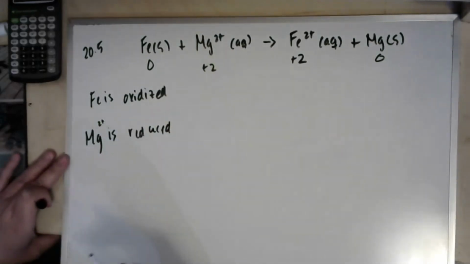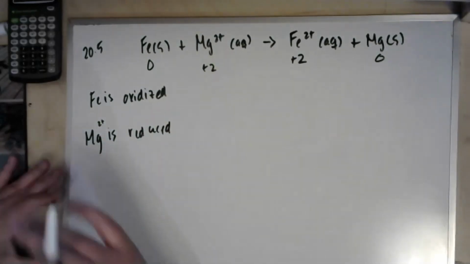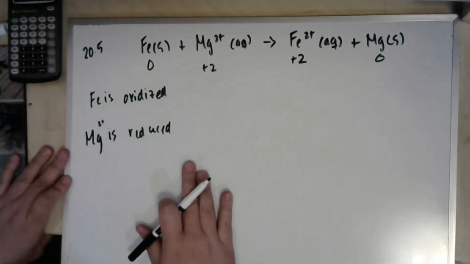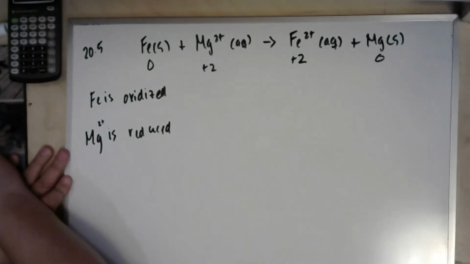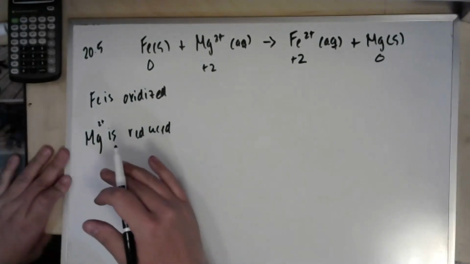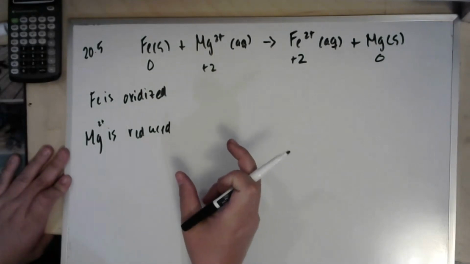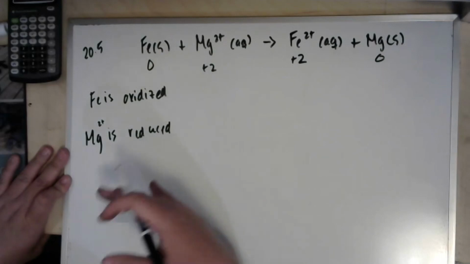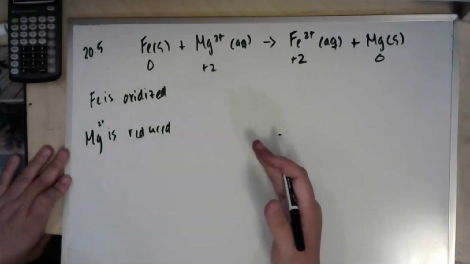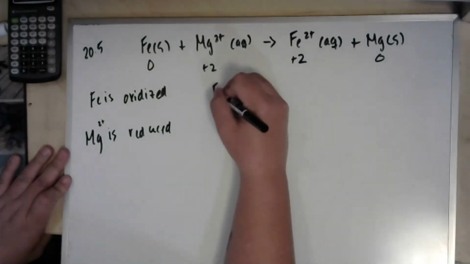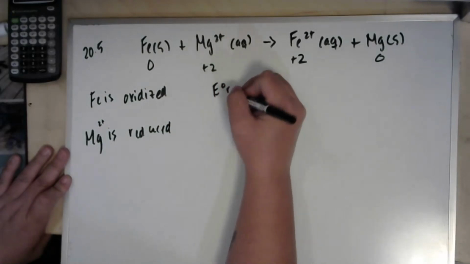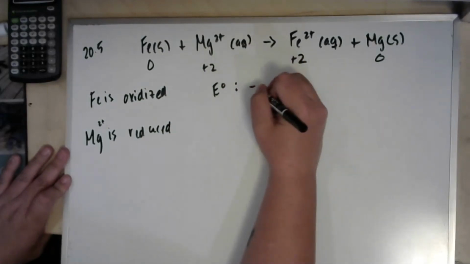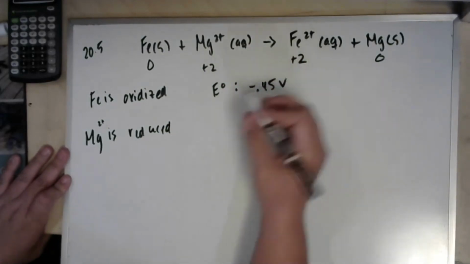Now we just want to look at the reduction potential values associated with each of these reactions, because remember what I told you, that the numerical value associated with that reduction potential is going to tell you whether you're going to find that reaction at the anode or the cathode. The reduction potential for your iron is going to be negative 0.45 volts.